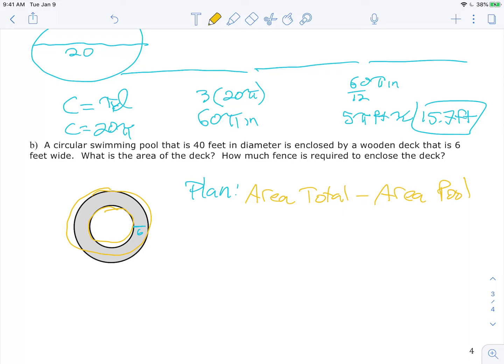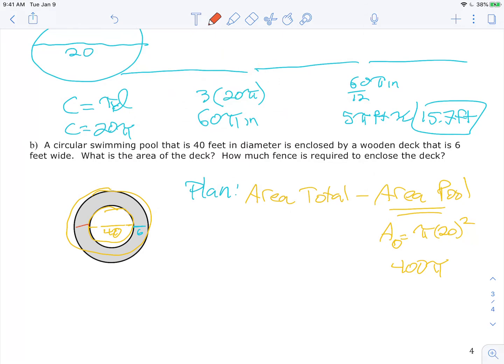So let's start filling in what we know. So the circular swimming pool has a diameter of 40 feet. Okay, so that means from here to here, it's 40, which means that the radius is 20. So the area of the pool is pi times 20 squared, which is 400 pi. The area total, now this is where you got to be a little careful and understand what's going on.